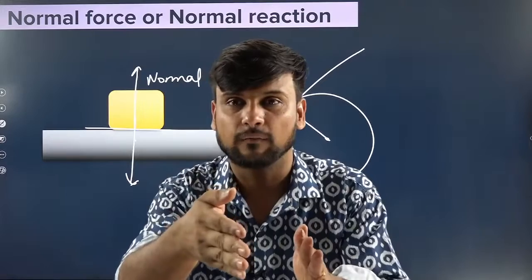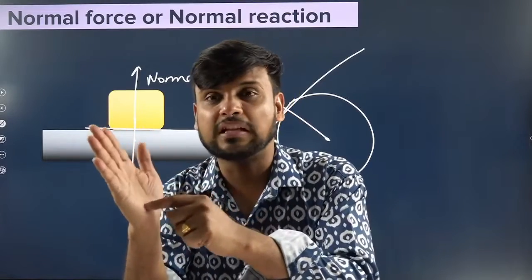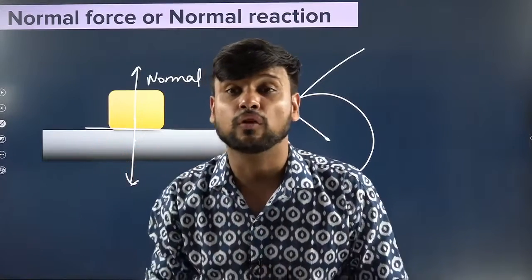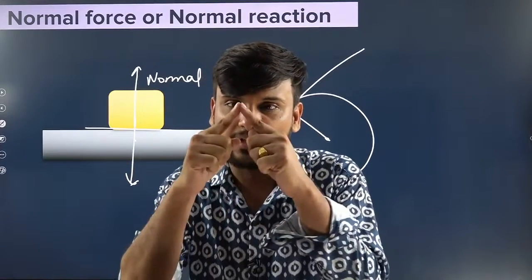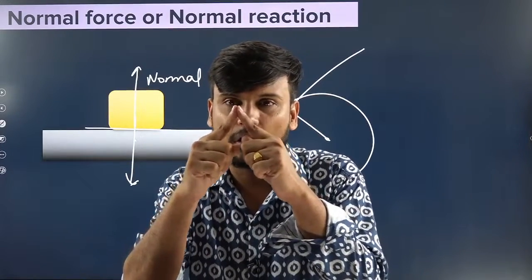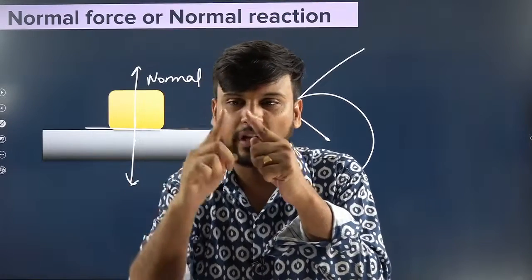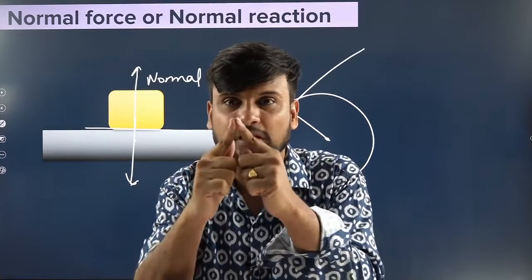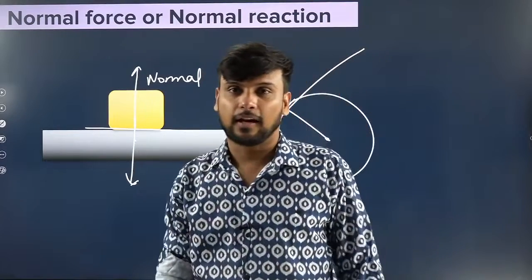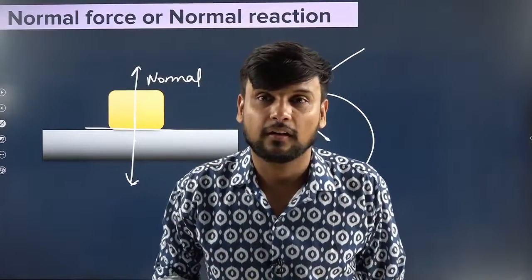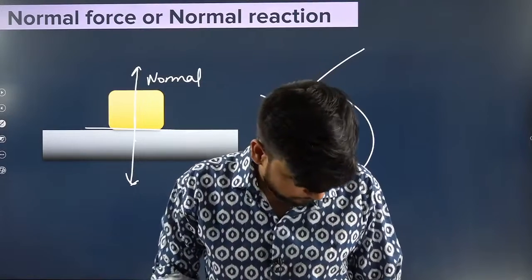You slap someone, so you will feel something. This is your normal force. Whenever two bodies come in contact, you feel normal force. See here, compress this. You will feel one force here, one force here. So this is your normal force.